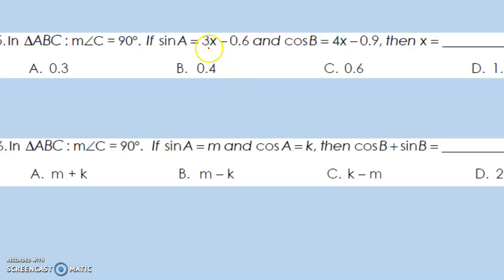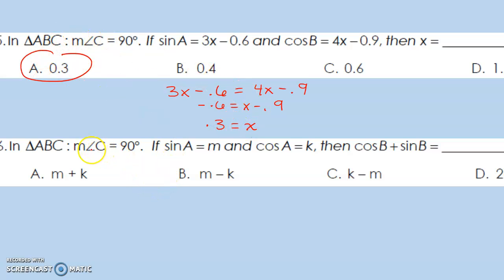Okay. With these, if the sine of one acute angle is equal to the cosine of the other, I would set them up as equal to each other. And then I end up with a negative 0.6. 0.3 is equal to x. And if the measure of angle C is my 90 degrees, that means that A and B are my acute angles.